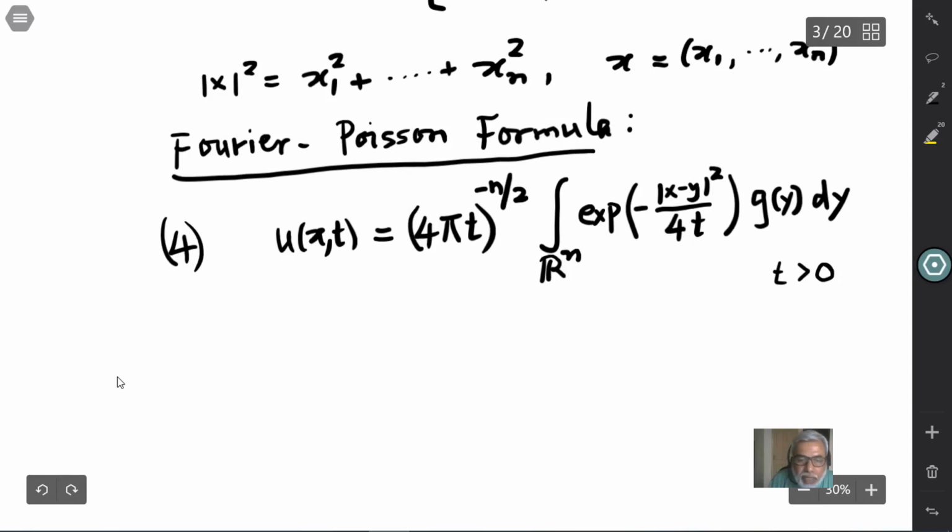So this again we can write as the convolution of k t star g at x.